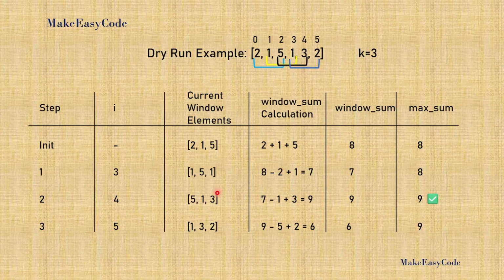The current window elements become 1 3 2, and the calculation is window sum minus index 2, that is 5, plus index 5, that is 2, and the total is 6. Till this time our max sum is still 9. So the maximum sum of a subarray of size 3 is 9.